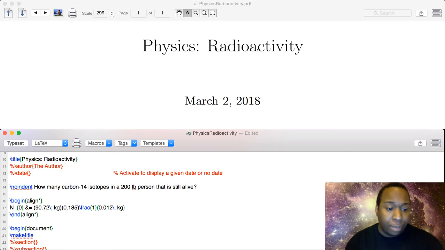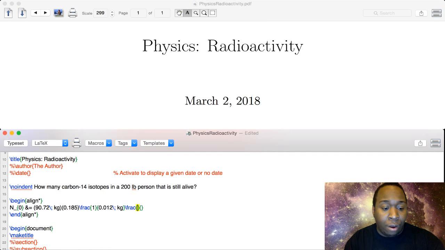So far, so good. But now we need to convert again, and this is carbon-12. Of course, this is also assuming that most of the carbon is in the form of carbon-12, which is right. But now we need to convert the carbon-12 to carbon-14 to get an actual number for carbon-14 isotopes.